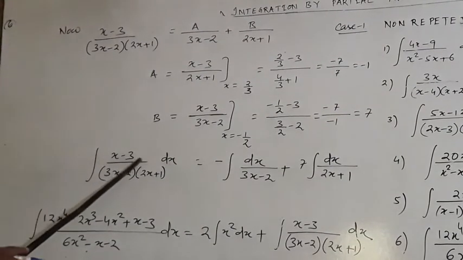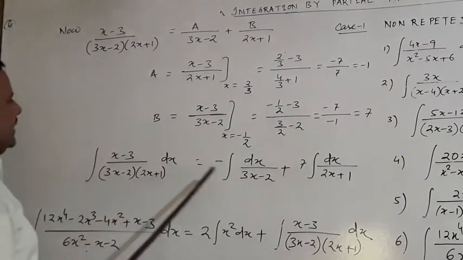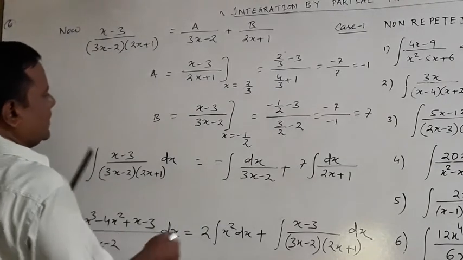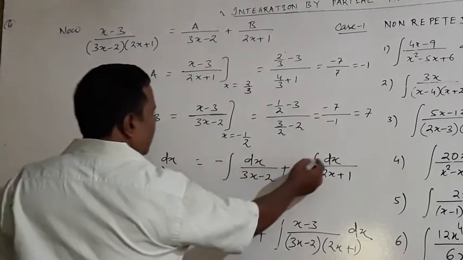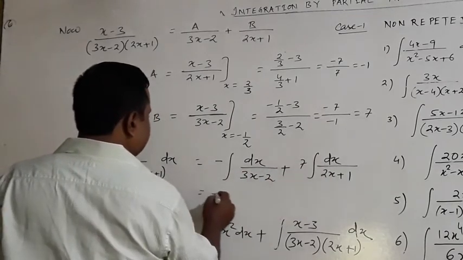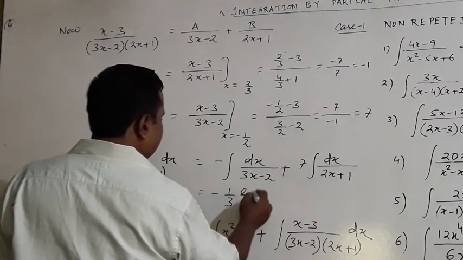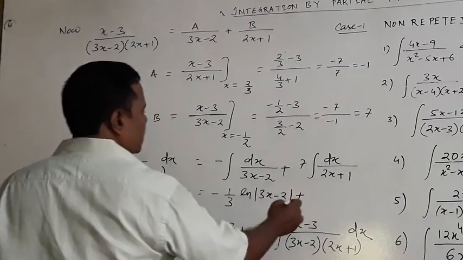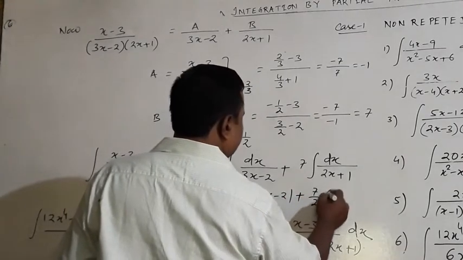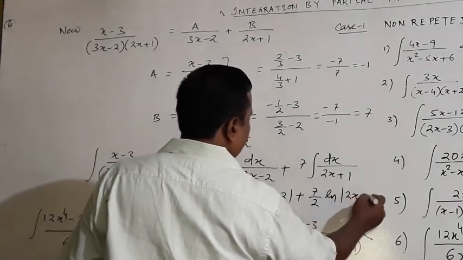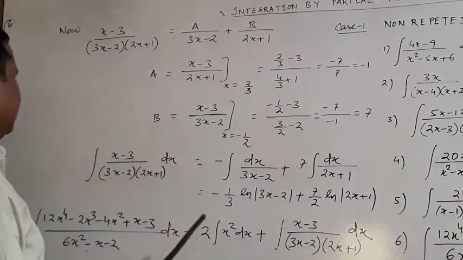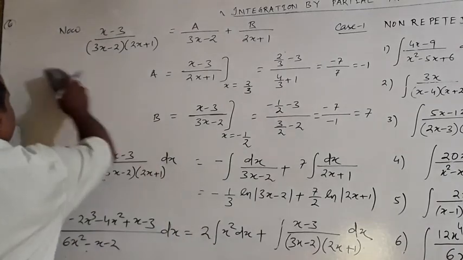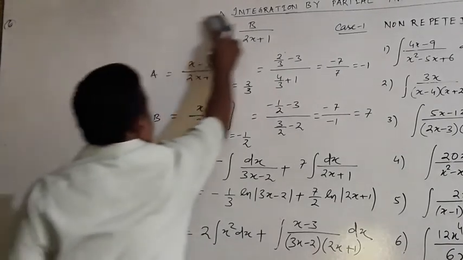Now this integration is, x minus 3 by 3x minus 2 into 2x plus 1 is minus 1 by 3 dx by 3x minus 2 plus 7 by 2 dx by 2x plus 1. Its integration is minus 1 by 3 ln 3x minus 2 and its integration is plus 7 by 2 ln 2x plus 1. Now in this place, when you put, you will get your answer. The answer is, take the screenshot.